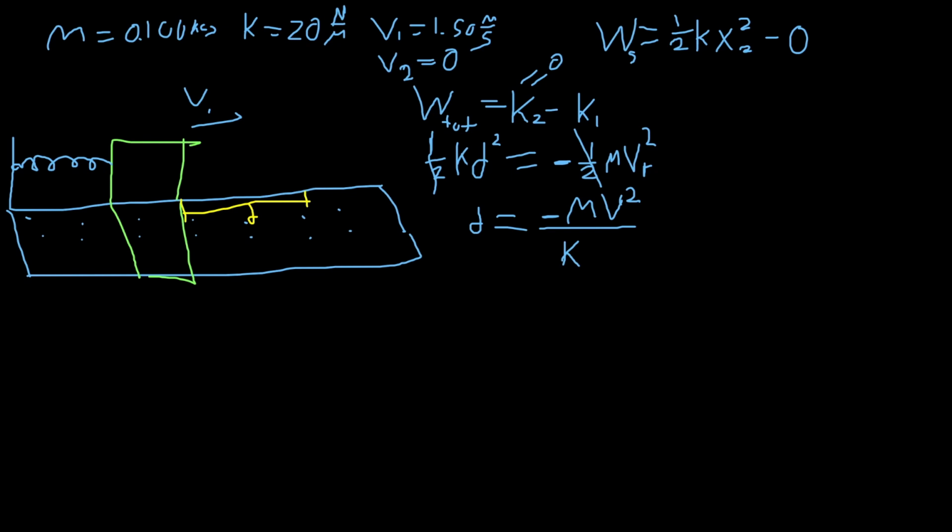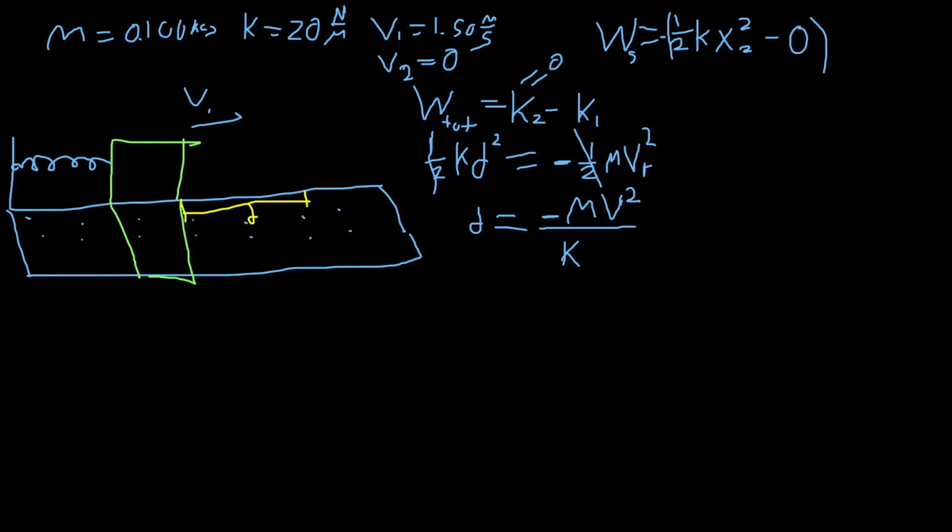And this, oh yeah, I just realized, because this is the work of the spring, it's pushing in the direction of displacement, which means it should be positive here. The signs are switched as it's in the direction.